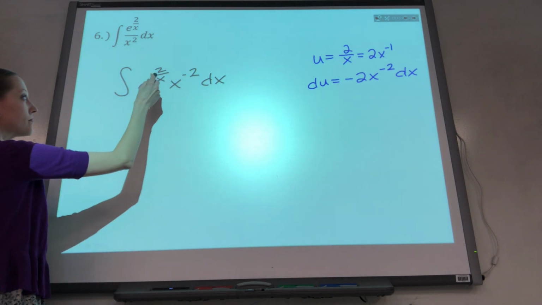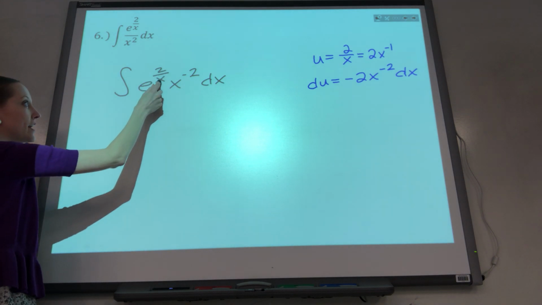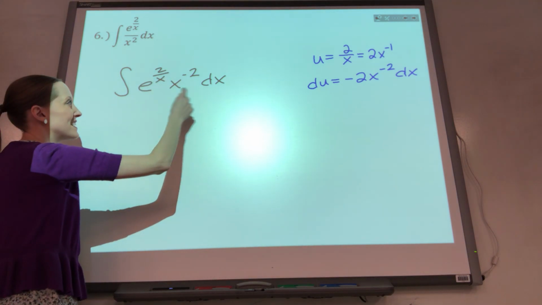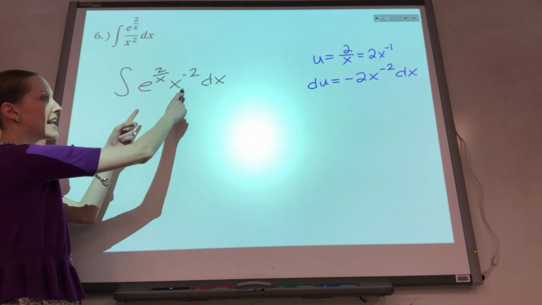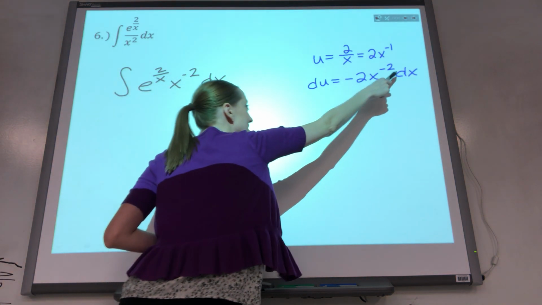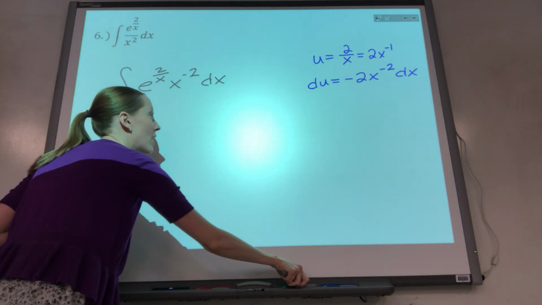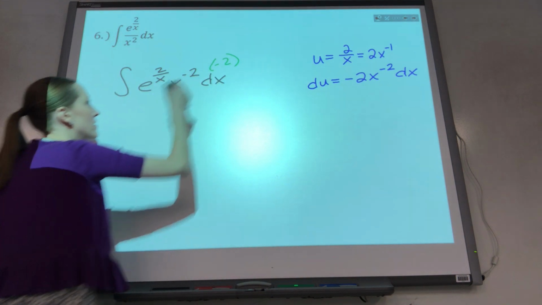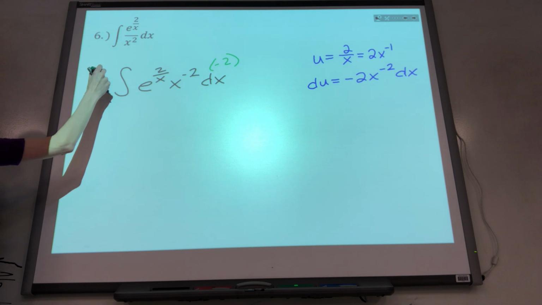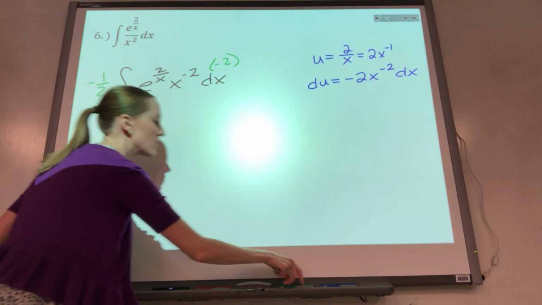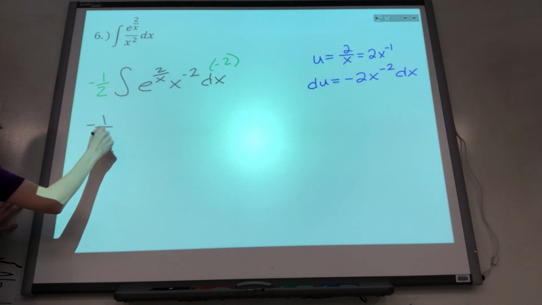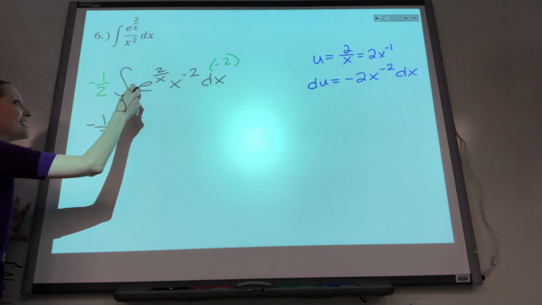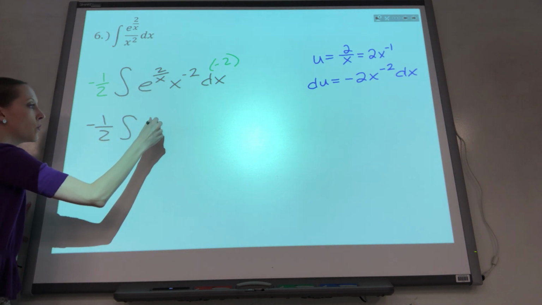You've got the u right here, so all the rest of this needs to be du. You have x to the negative second, you have dx, but you don't have the negative 2. So reciprocal of that would be negative 1/2, and that's what I need to pull out front. And then this just turns into e to the u.